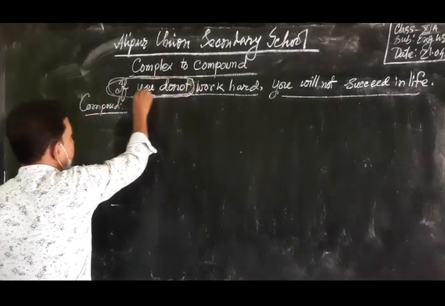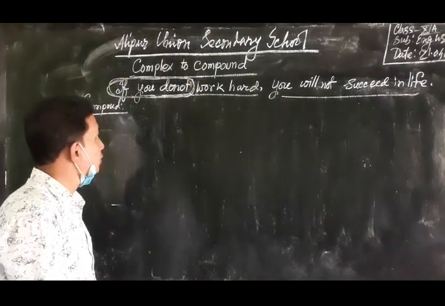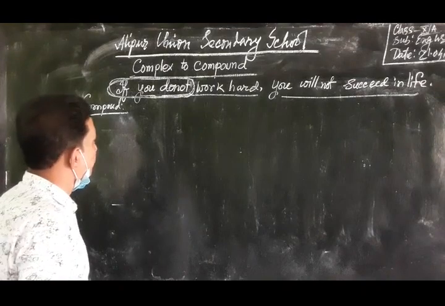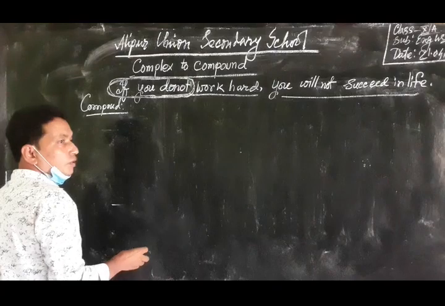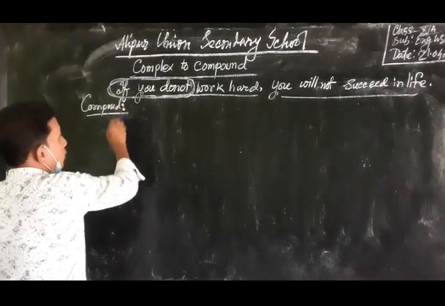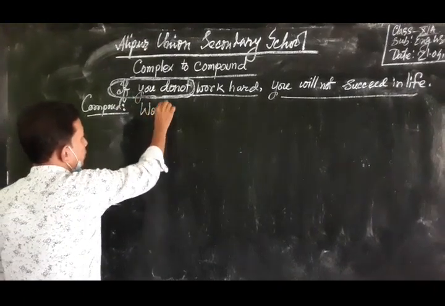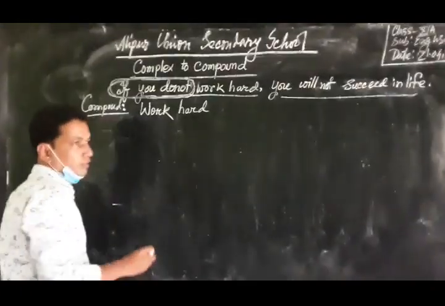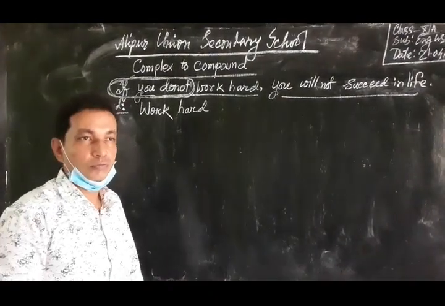These all items will be discarded. And what is the rest one? The rest one is what will be set to complete the sense, and we may write here work. This is the same way of doing compound.